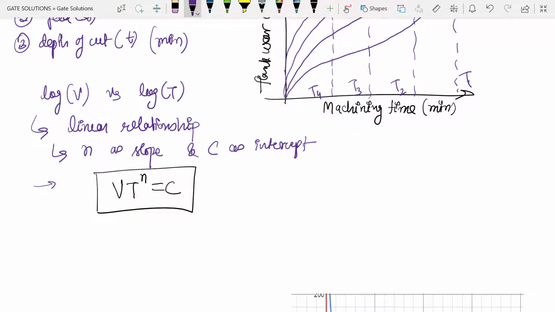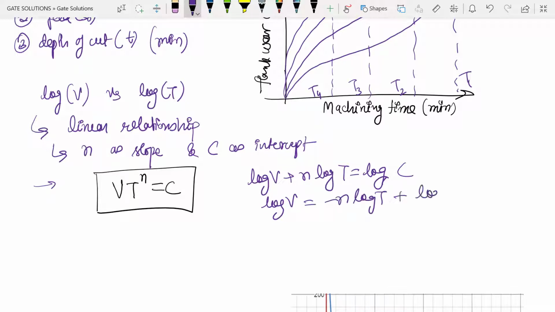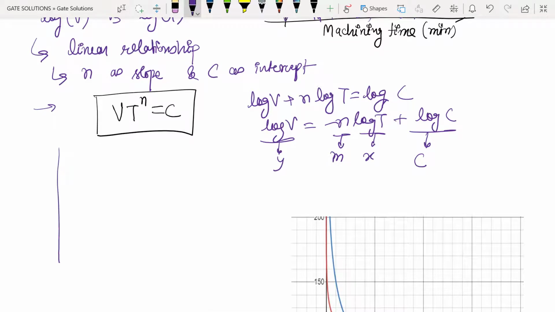When we take the log of this, we get log V plus n log T is equal to log C. So log V is equal to minus n log T plus log C. This is y, the slope is minus n, this is x, and this is intercept log C. The graph is like this, this is log V and this is log T with negative slope.